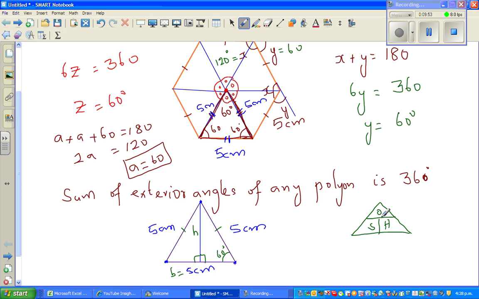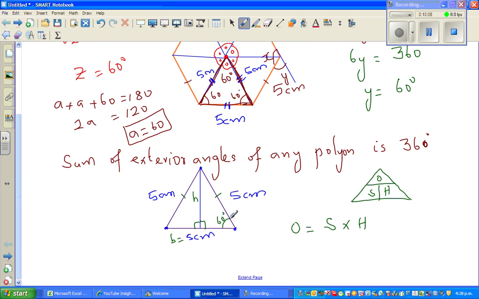Sine is opposite over hypotenuse, so the opposite is sine times hypotenuse. The opposite in this case is h, and S stands for the sine of the angle.